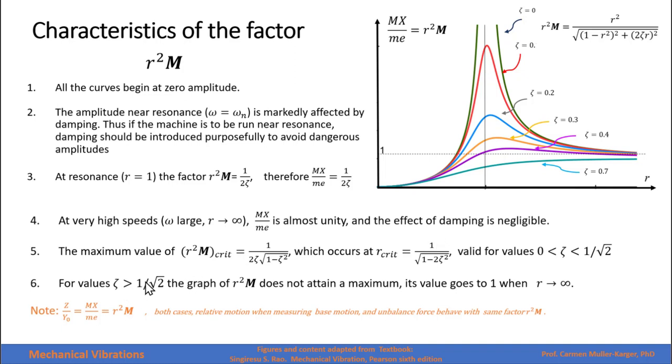For values greater than 1 over square root of 2, for example zeta 0.7, as you see, the factor r squared times the magnification factor does not attain any maximum. And please note that we already analyzed this graph when we studied relative motion for a moving base.